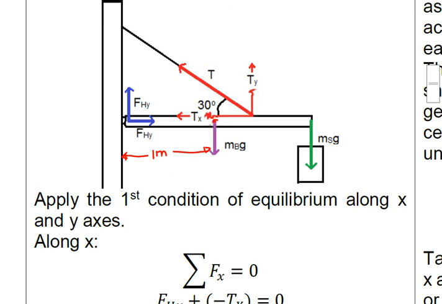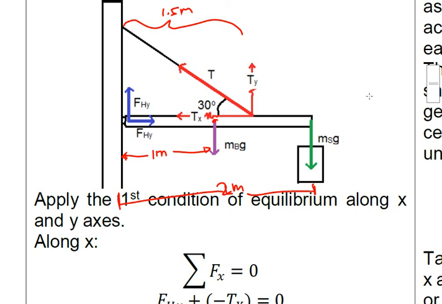Since it is uniform, the weight of the beam should be drawn at the geometric center of the beam. Then this part here, the moment arm is 1.5 meters. This one here is 2 meters, for the force from the hinge towards the end of the beam.